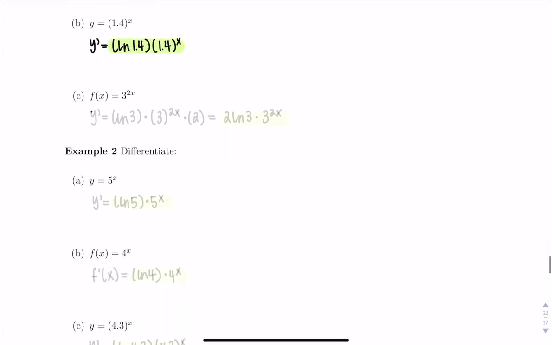And for the third one, we have ln of 3 times 3 to the 2x. And you want to make sure you take the derivative of the exponent, which is 2. So what we'll end up getting is 2 ln of 3 times 3 to the 2x.